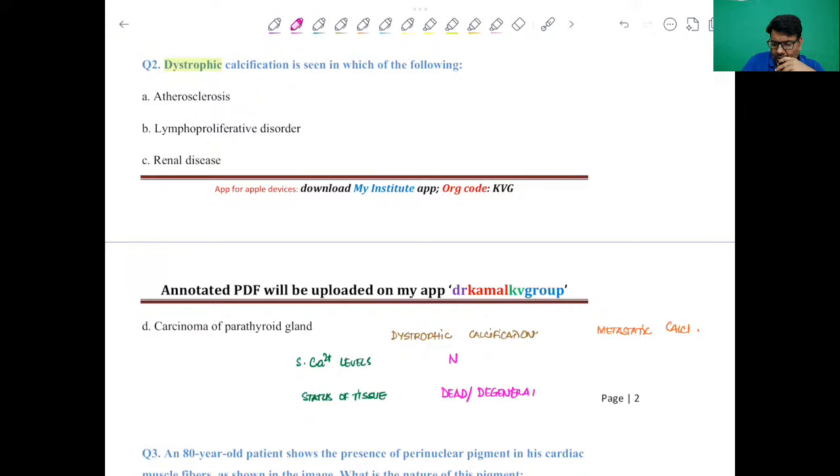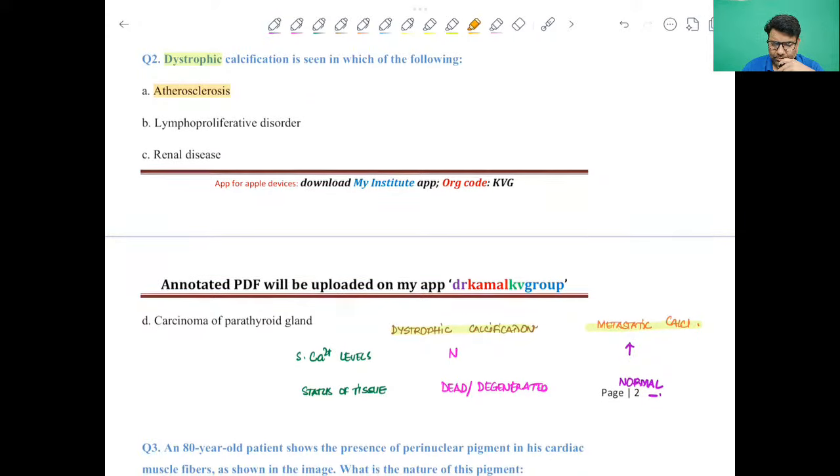Whereas in cases of metastatic calcification, the serum calcium level is high, although the tissue is normal. So these are the two important points based on which we can differentiate dystrophic from metastatic. And in this particular case, atherosclerosis is an example of degenerated state. So for dystrophic calcification, the answer will be atherosclerosis.